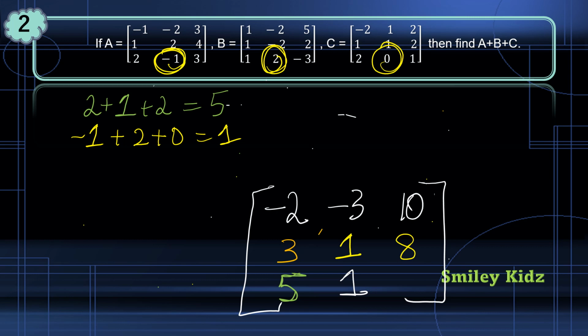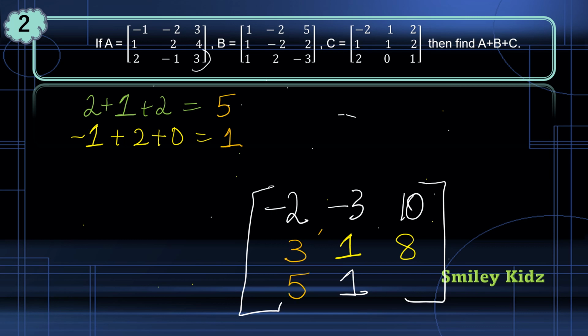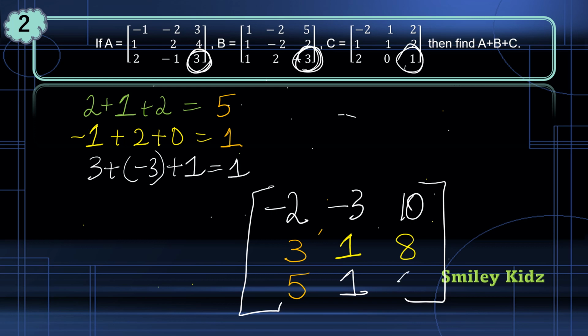Then when I move on to the third element and the last element over here, I have 3, -3 and 1. This is going to be 3 plus of -3 plus 1. That is going to give us 1. So here we're going to have 1.